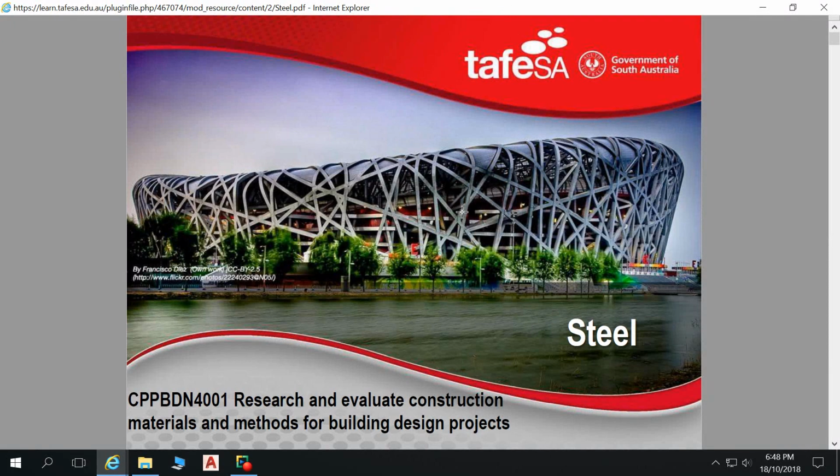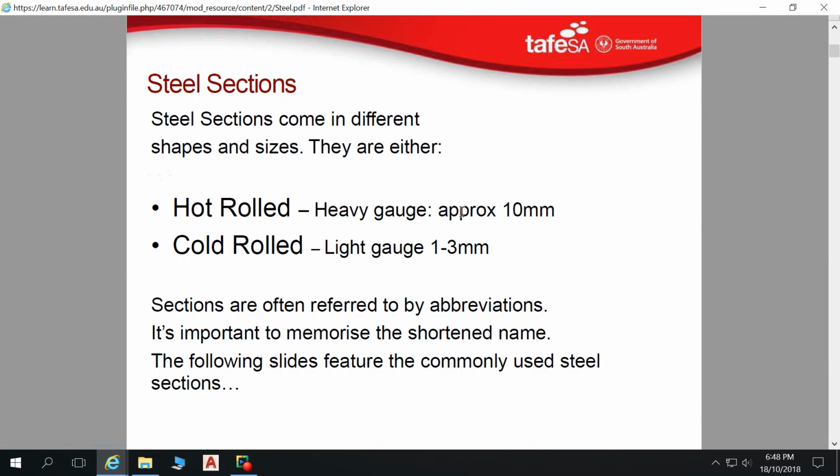With that steel construction, you've typically got two classifications of it. You've got your hot rolled, which is your heavy gauge steel, like universal beams, equal angles, parallel flange channels, etc. And then your cold rolled sections.